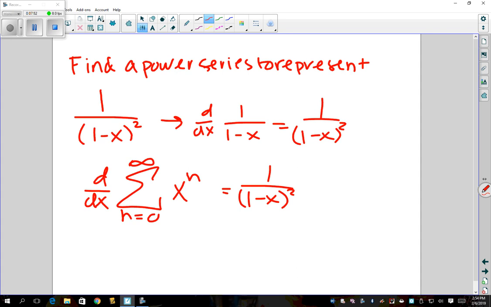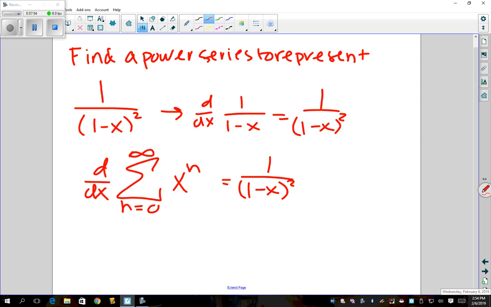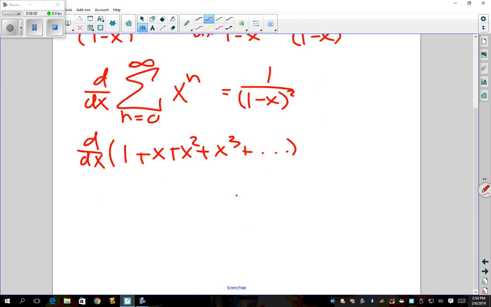So if we look at the terms of the series, we just want to take each term. So we get 1 plus x plus x squared plus x cubed plus and so on. And when I take the derivative of that, the derivative of 1 is 0. So I get 1 plus 2x plus 3x squared plus 4x cubed, and it keeps going.